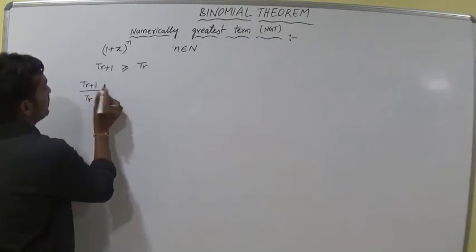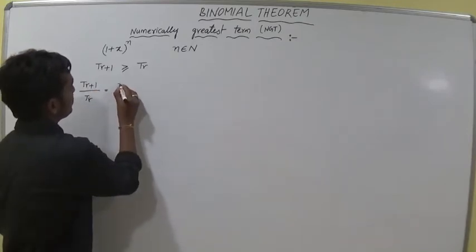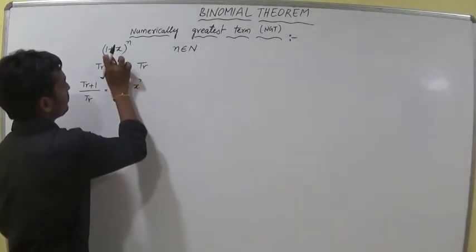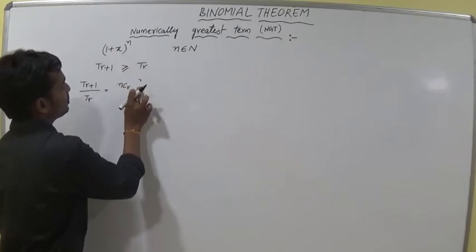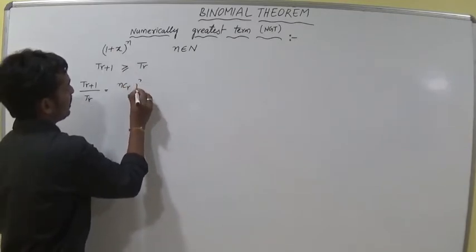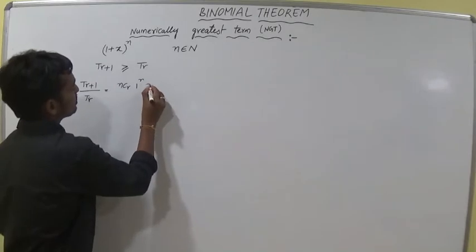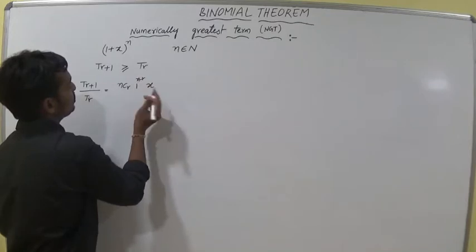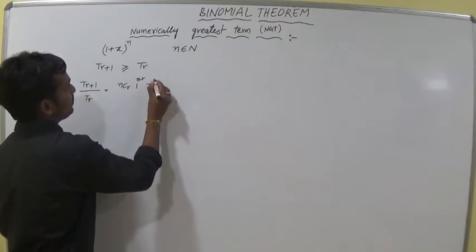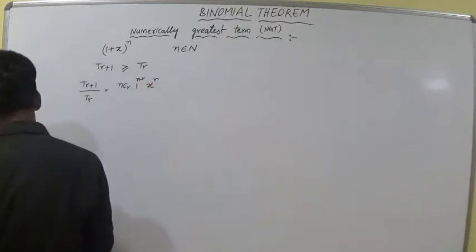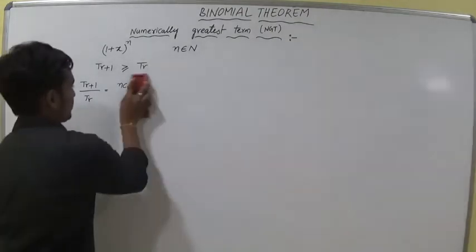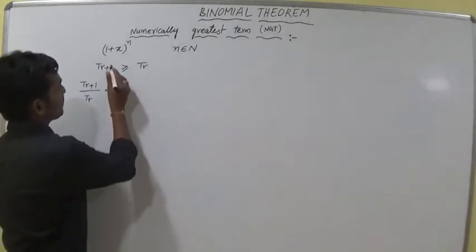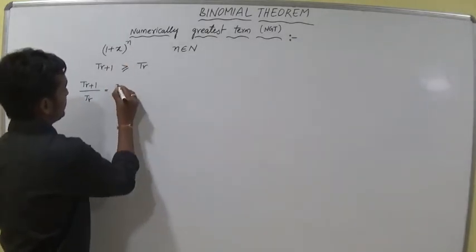What is the general form of t(r plus 1)? nCr x to the power of r, and here we have 1, so 1 to the power of n minus r into x to the power of r. Write the general form of t(r plus 1) for (1 plus x) whole power n.